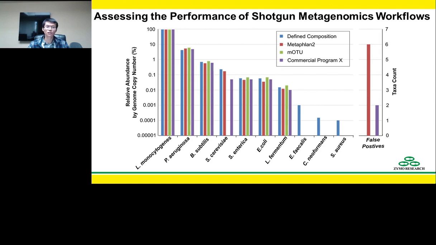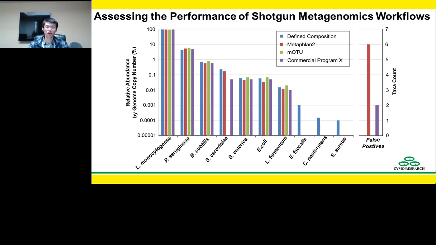This standard can also be used to assess the performance of different shotgun metagenomic workflows. In this case, we compare the performance of 3 different bioinformatics pipelines used for shotgun metagenomics. As shown in this figure, we found that these three different pipelines have similar detection limits.